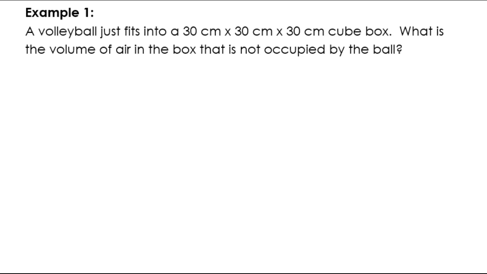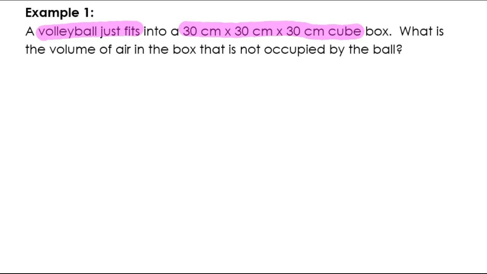Okay, so one strategy that I use is a highlighter. You can underline if you don't have a highlighter, or you can place a box around important information. So for instance, I'm looking at this 30 by 30 by 30 centimeter cube, and that seems like an important detail. Another important detail is that the volleyball just fits into that cube. That's going to be important because I can use that.